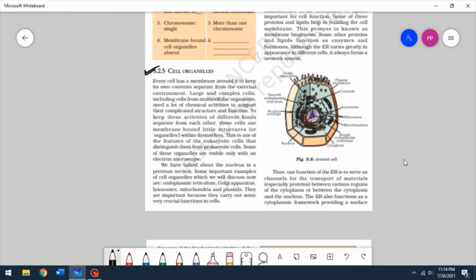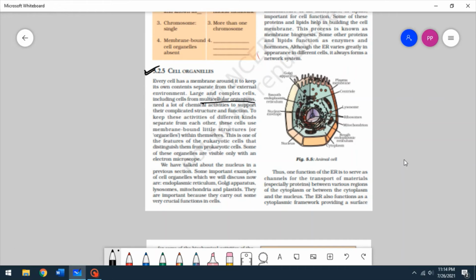Every cell has a membrane around it to keep its own content separate from the external environment. Large and complex cells, including cells from multicellular organisms, need a lot of chemical activities to support their complicated structure and function.